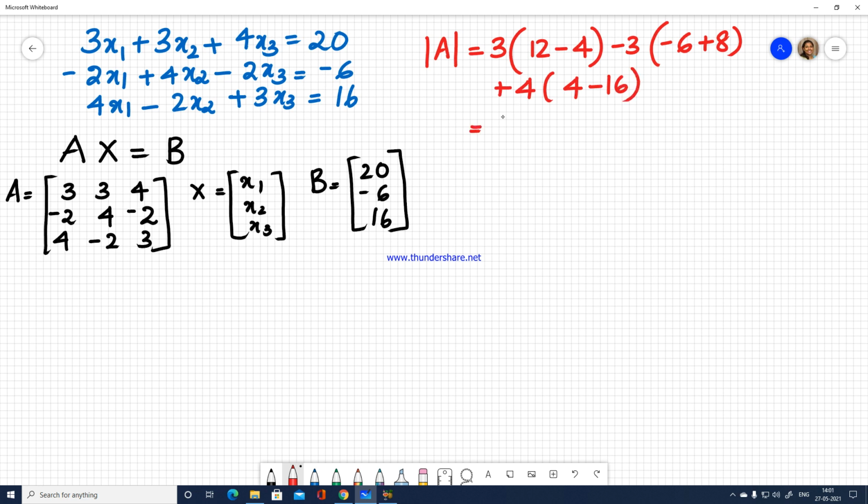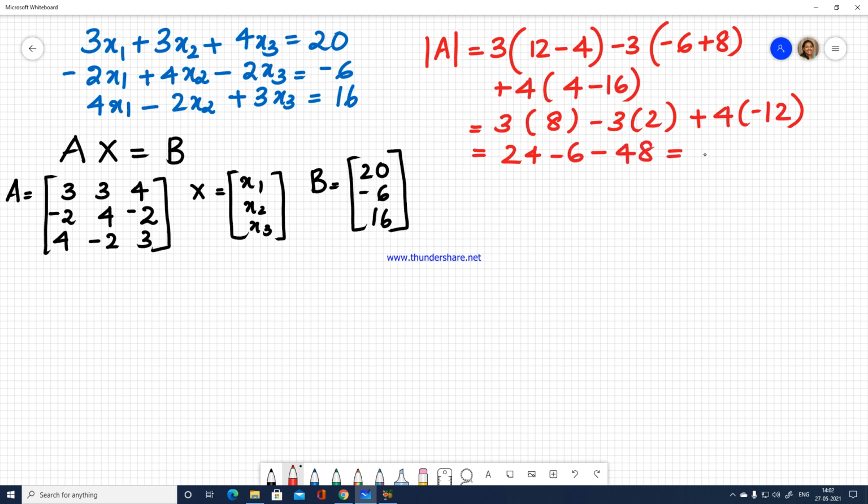That gives 3 into 8, minus 3 into 2, plus 4 into minus 12. That is 24 minus 6 minus 48, and we get the answer as minus 30. So determinant of A is minus 30.